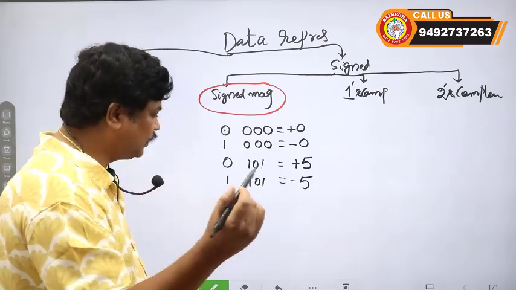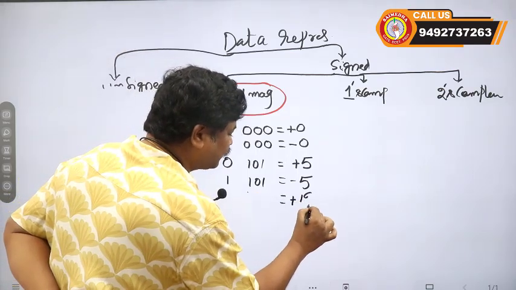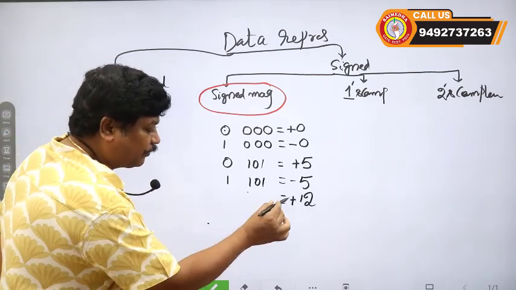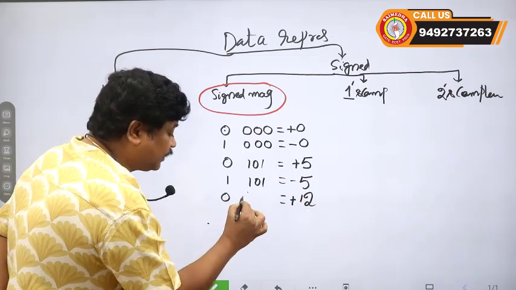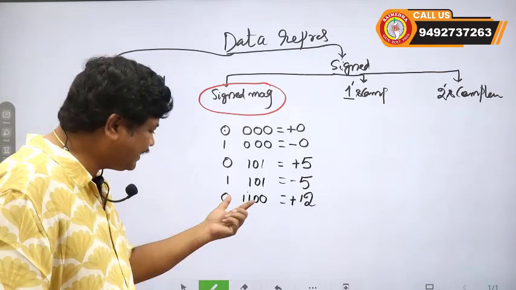Now you try to write down plus 12. First, plus means 0. 12 is 1, 1, 0, 0. How did I write this?